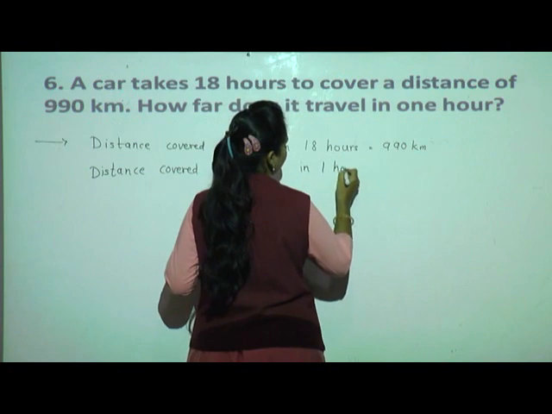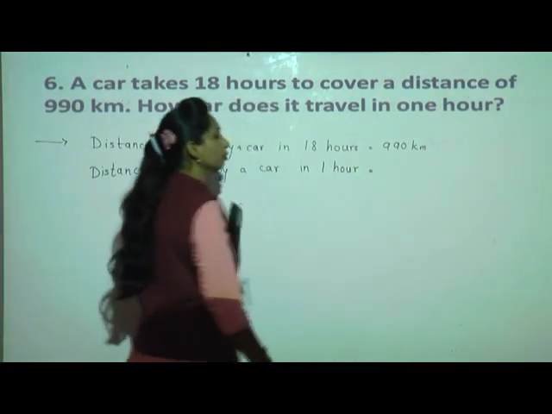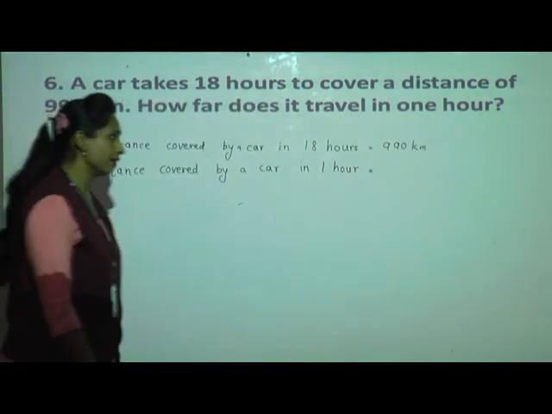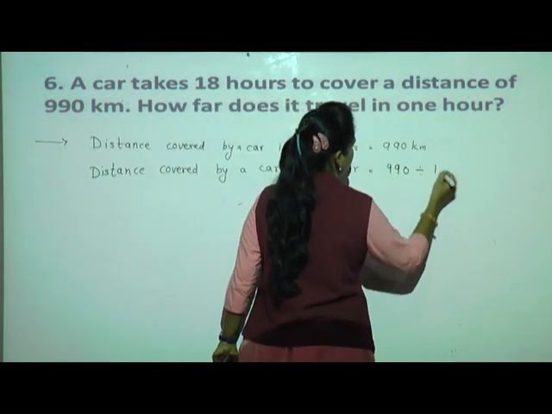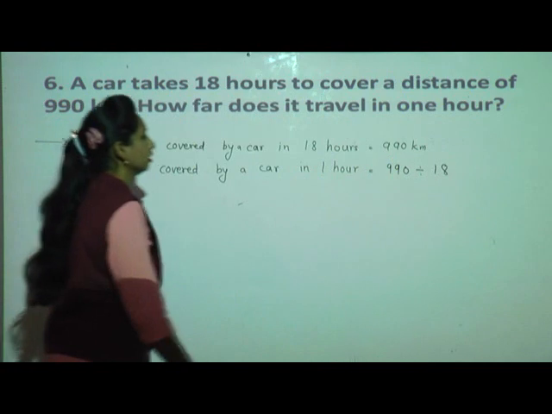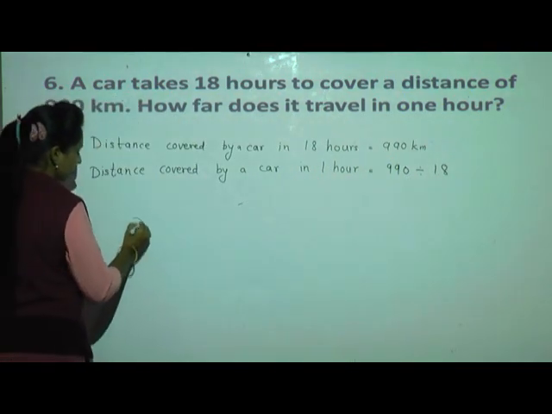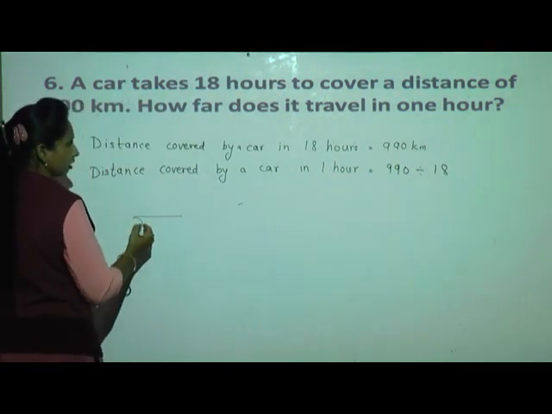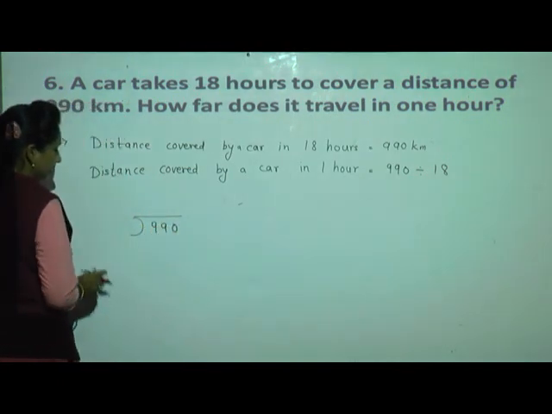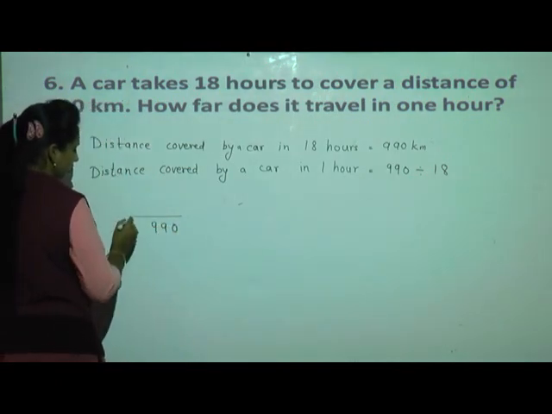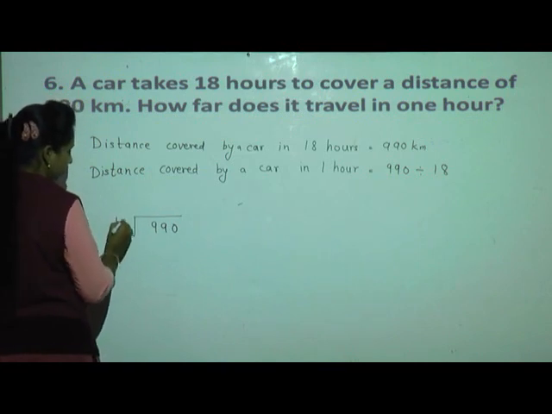What we have to do? We have to divide kilometer divided by hours. So we will get how much distance covered in 1 hour. Dividend right on right side, divisor right on left side.